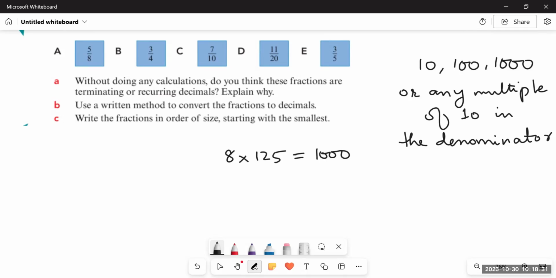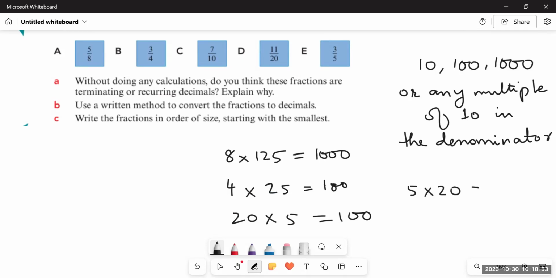Always remember that. If we talk about 4, 4 times 25 is 100. So 4 is a factor of 100, one of the multiples of 10. 10 itself is 10, and then 20. 20 multiplied by 5 is equal to 100. It can also be turned into 100. And then comes 5. 5 multiplied by 20 is 100.